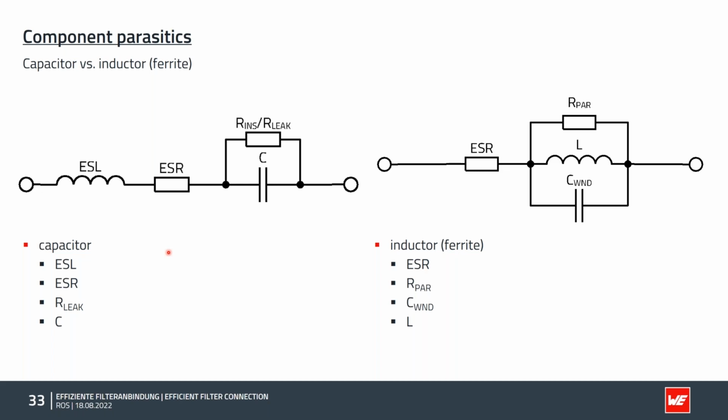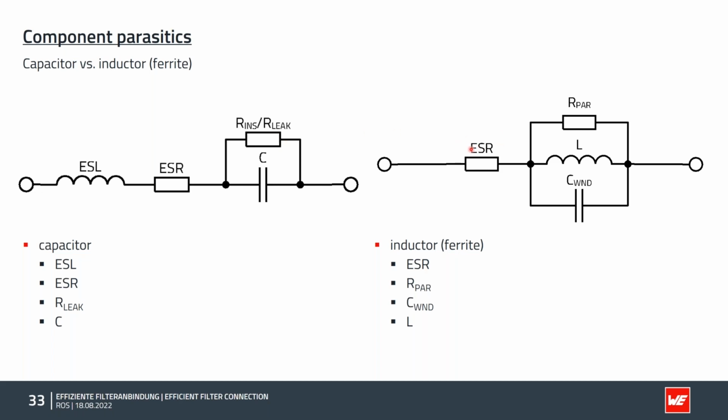The typical ESR, you know from some diagrams, the real C value, and the parallel resistor, the leakage, which is responsible for the leakage current of a capacitor. Those are the most important parasitics of a capacitor you should use in a simulation to get a good result.